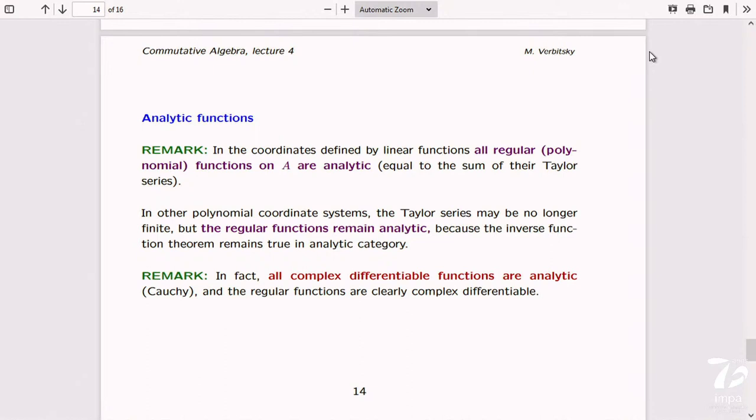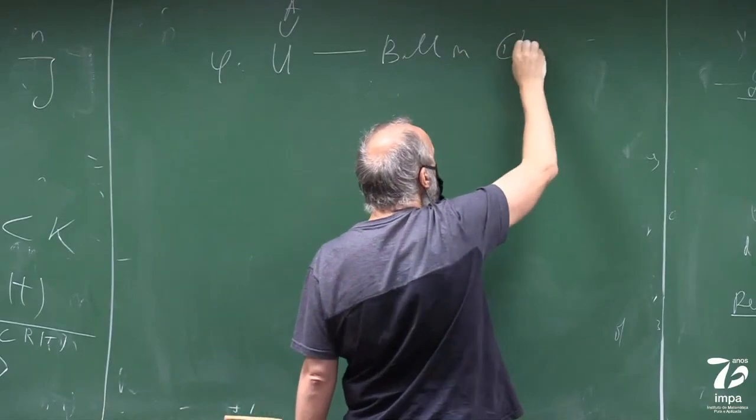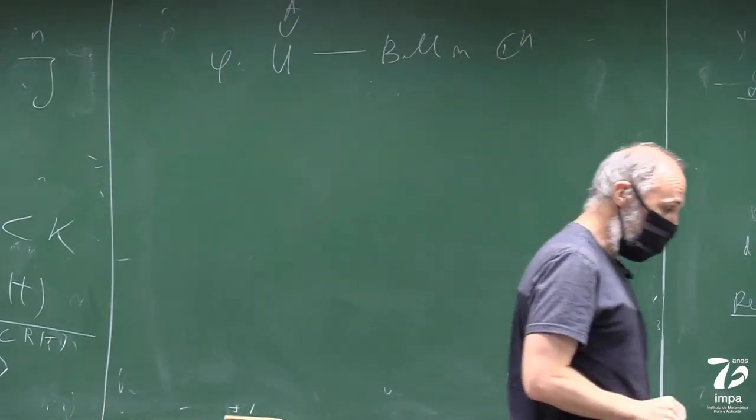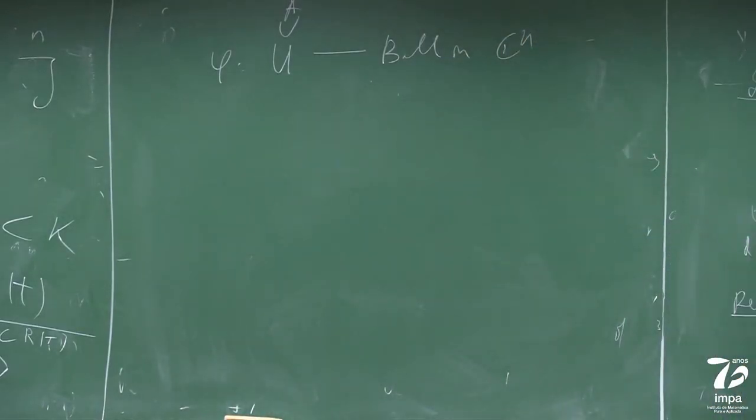So what I could tell you, in fact, was that you have a map to Cn, but unfortunately this is not that much true. What is true is that your maps are complex analytic maps to a ball. So you have phi from this neighborhood U inside A to a ball in Cn, and it is complex analytic in the sense of having Taylor decomposition.